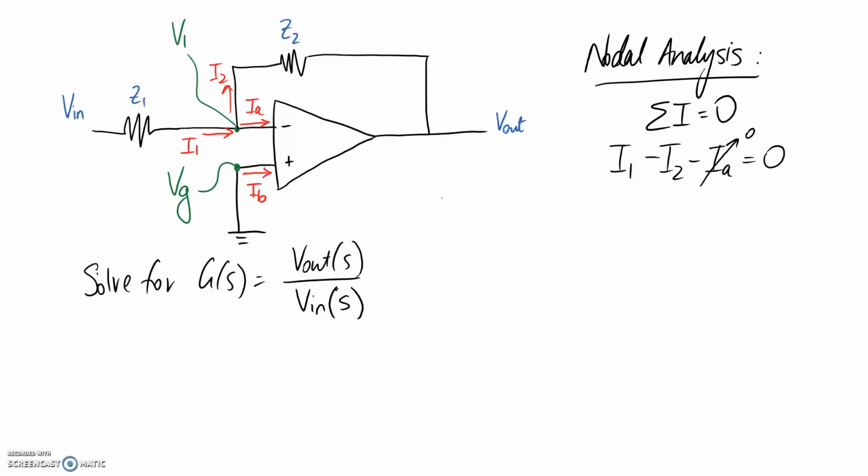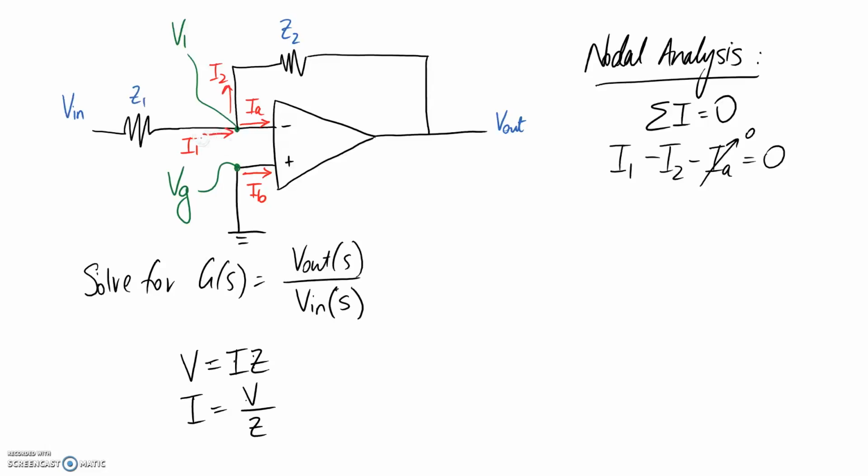So how we can do that is that we have a relationship where voltage is equal to current multiplied by the impedance. And if I rearrange this, current is equal to voltage divided by impedance. So I should be able to replace each of my currents here in terms of the voltage and impedance.